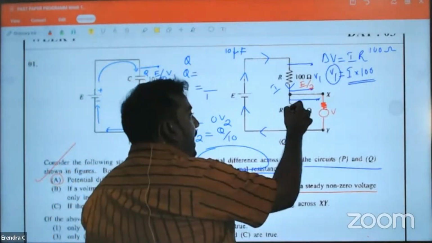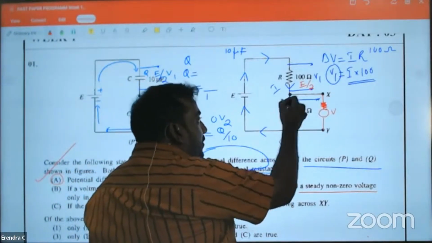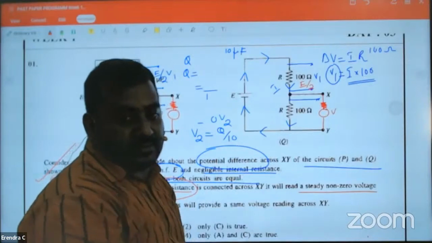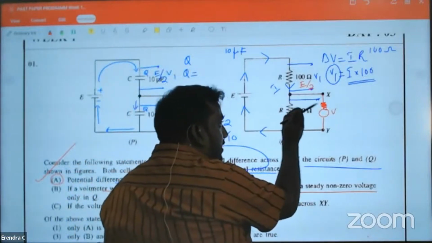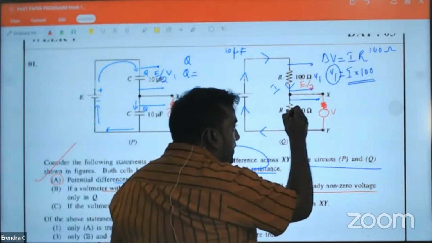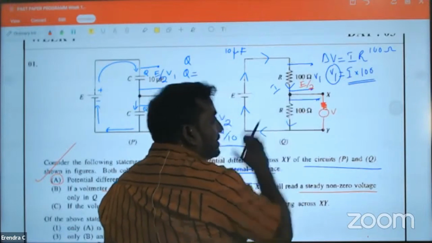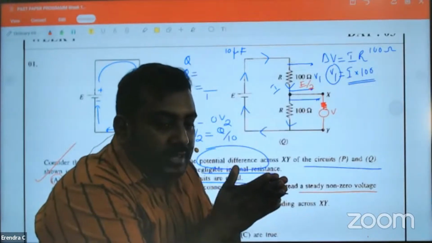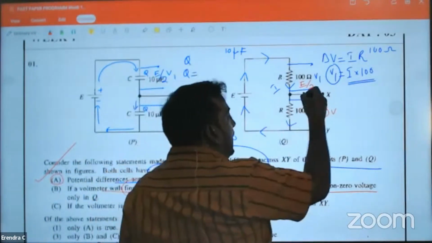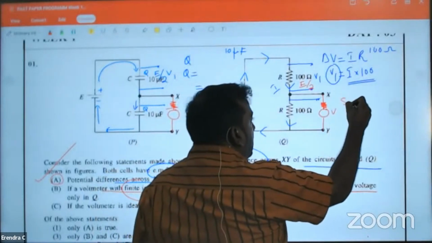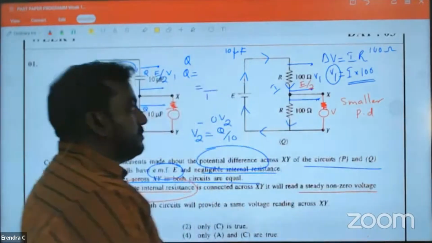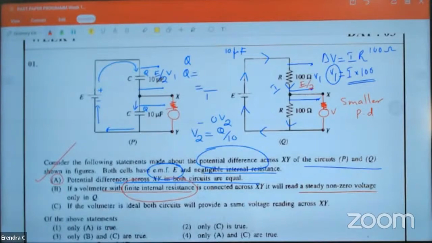So now, with the connection, the effective resistance will reduce. If effective resistance is smaller, you remember potential divided, so the voltage, the potential difference, is smaller.